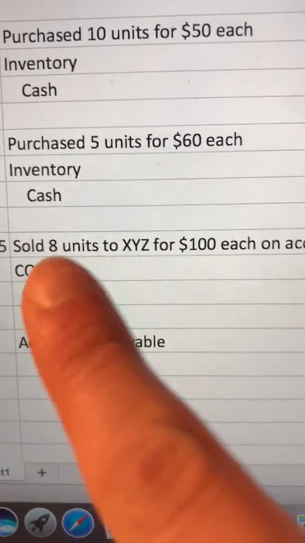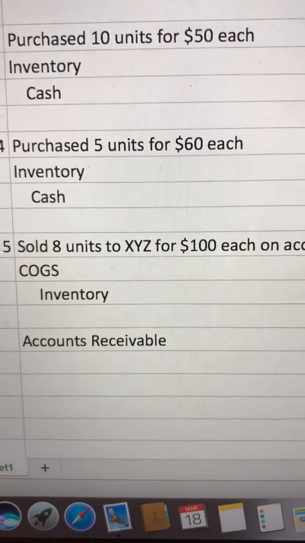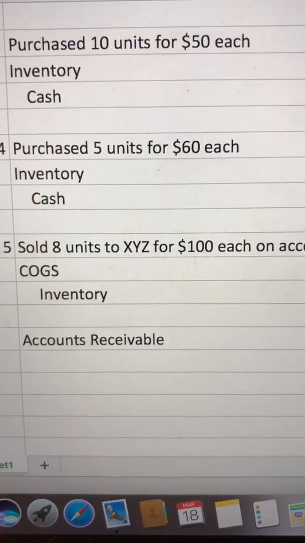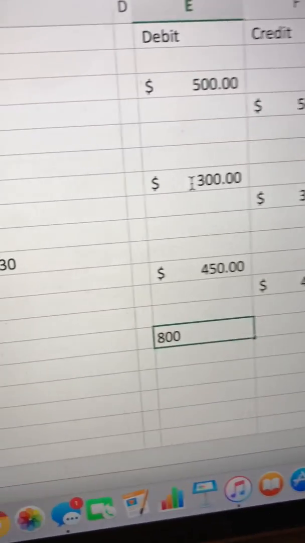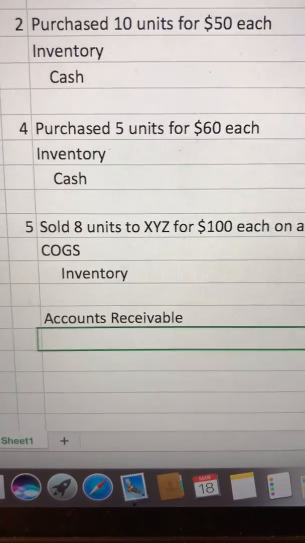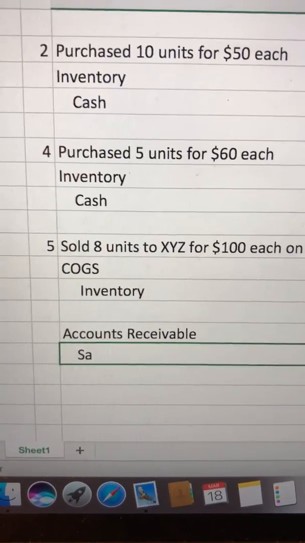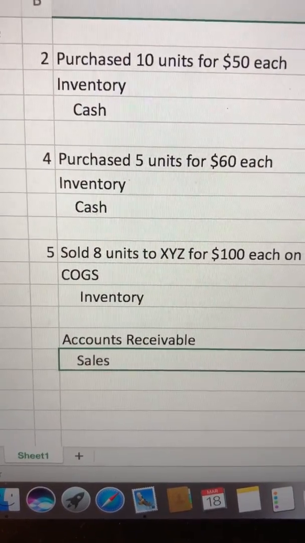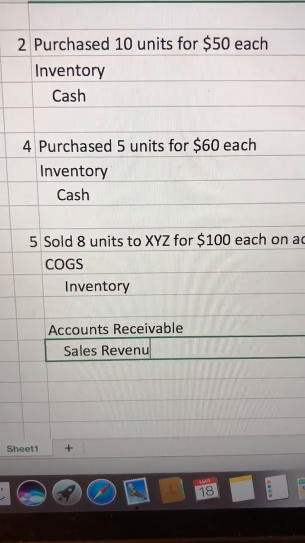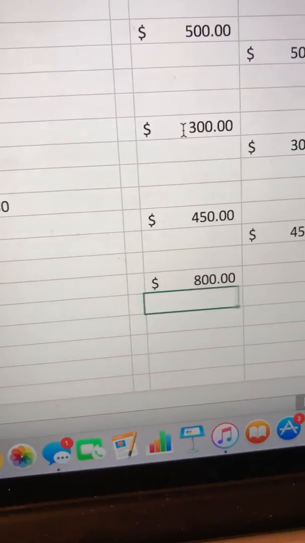And it's 8 times 100, or $800. And the credit for the revenue will always be to sales revenue. $800.